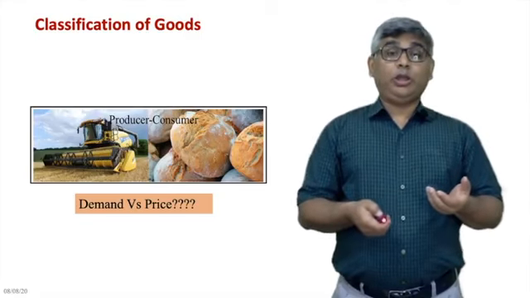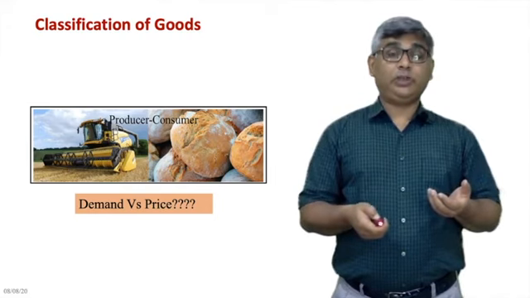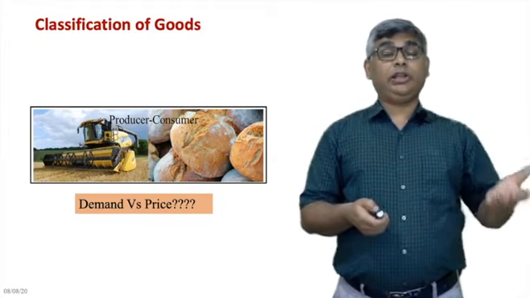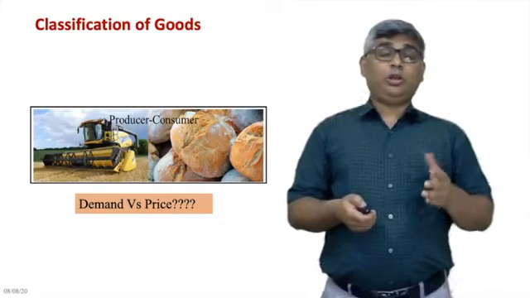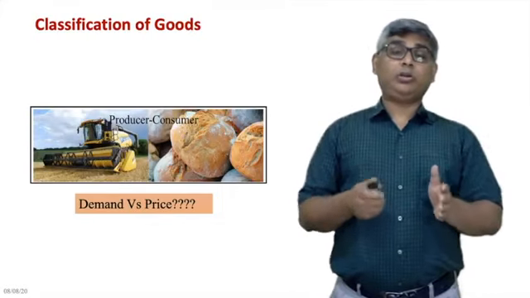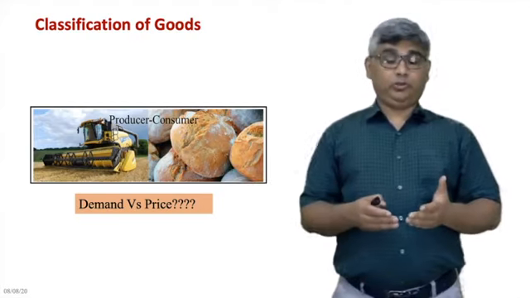It might include these fields where wheat is produced and all the machinery required to harvest this wheat and then convert it into bread. So a producer good is required to produce consumer goods, and consumer goods are what we directly purchase from the market and consume.